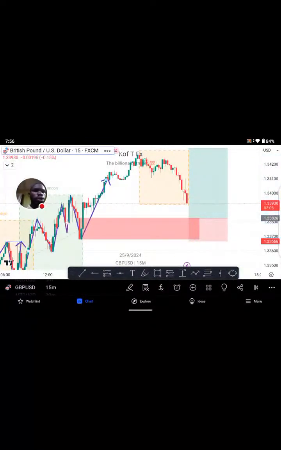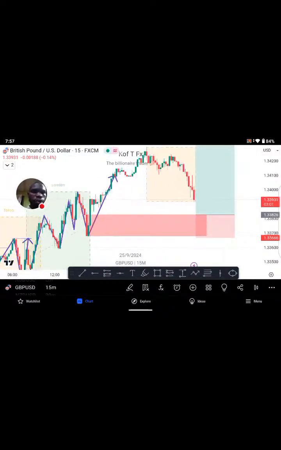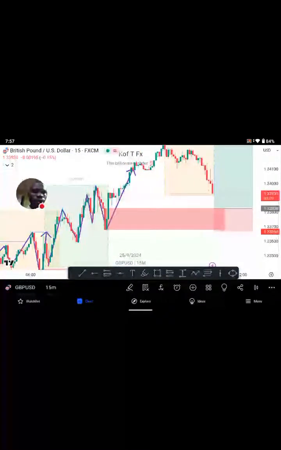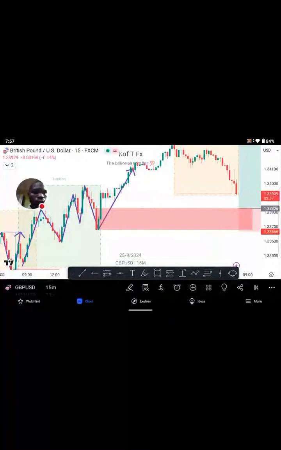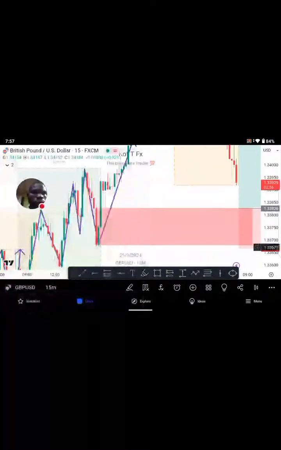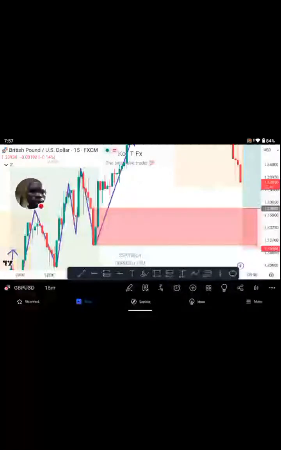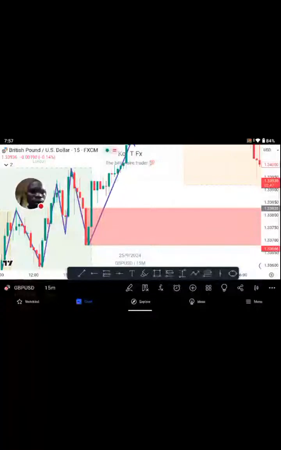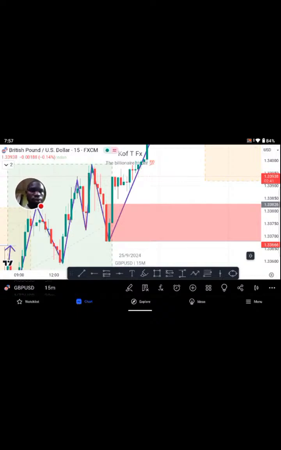So what I'm going to do here is to refine the entry, because 16 pips for me is too much. My stop loss is usually 10, the maximum is 10 pips.